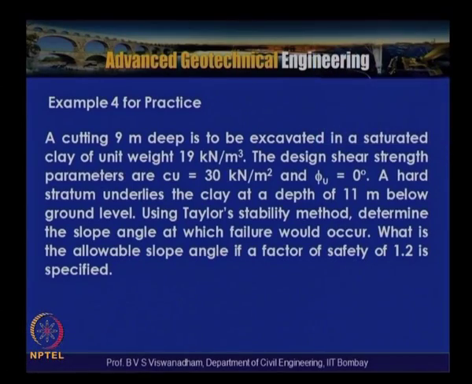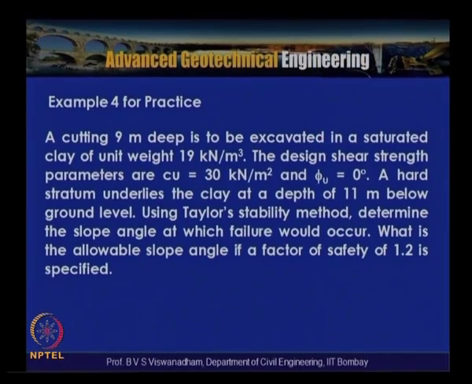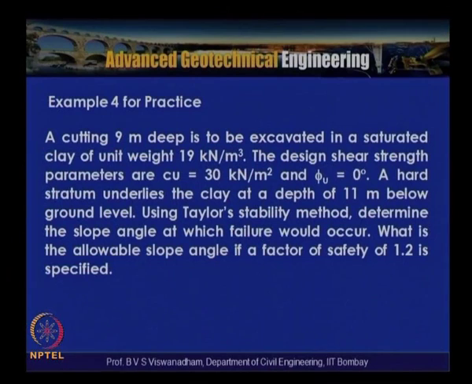So before discussing the rapid drawdown conditions, let us look into example 4 for practice. In this particular problem, a cutting 9 meters deep is to be excavated in a saturated clay having a unit weight of 19 kilonewton per meter cube. The design shear strength parameters are Cu 30 kilonewton per meter square and phi u equal to 0.